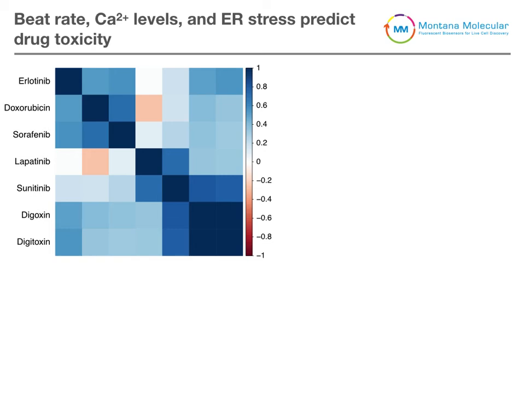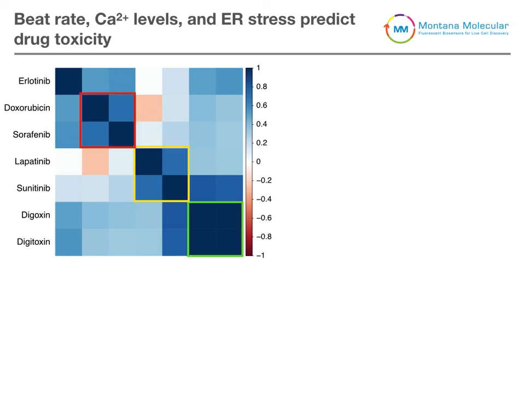We can then compare the changes in cell stress, as well as changes in beating and calcium dynamics induced by each of these different compounds, and ask which compounds are more similar to one another and which are more different. Here, what we've done is create a correlation matrix where compounds that are more similar to one another are in blue and compounds that are more different are in red.